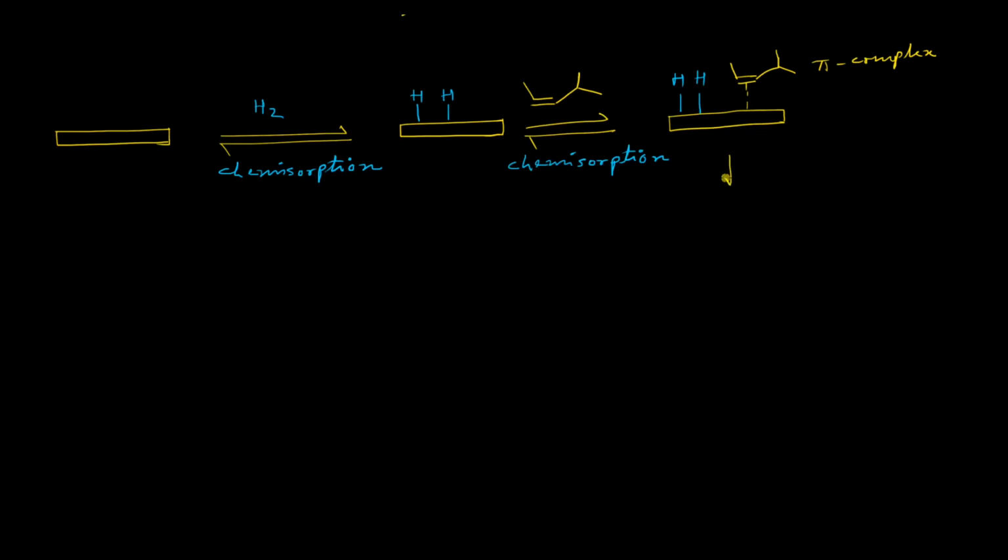And then, since this double bond after complexation with the transition metal on the heterogeneous catalyst surface is highly activated, these nascent hydrogen atoms will rapidly react with the double bond of the adsorbed alkene.